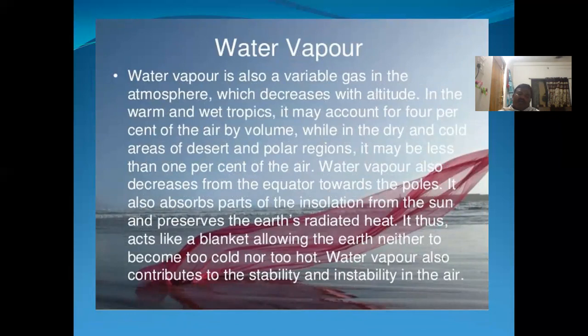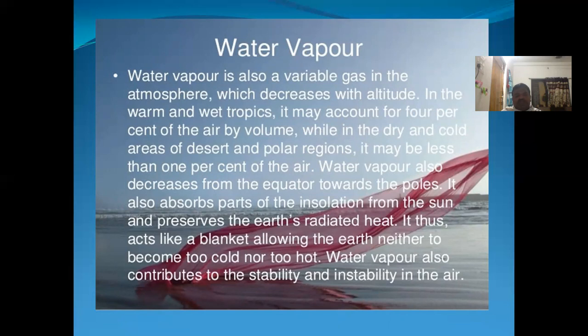The next content is water vapor. Water vapor is also a variable gas in the atmosphere, which decreases with altitude. In the warm and wet tropics, it may account for 4% of the air by volume, while in the dry and cold areas of desert and polar regions, it may be less than 1% of the air.